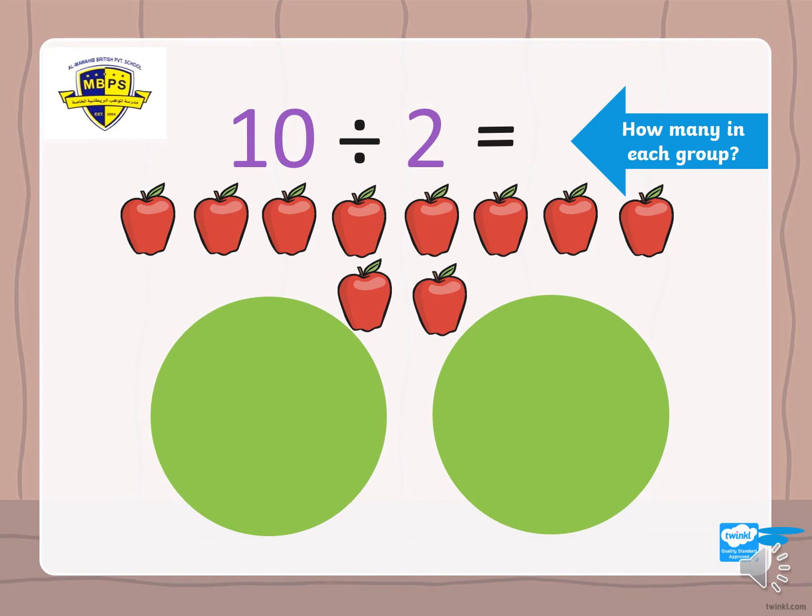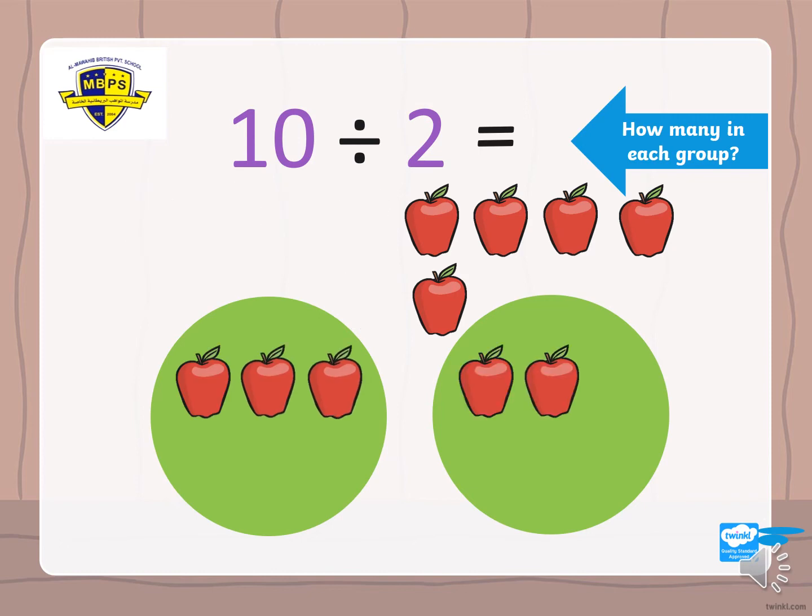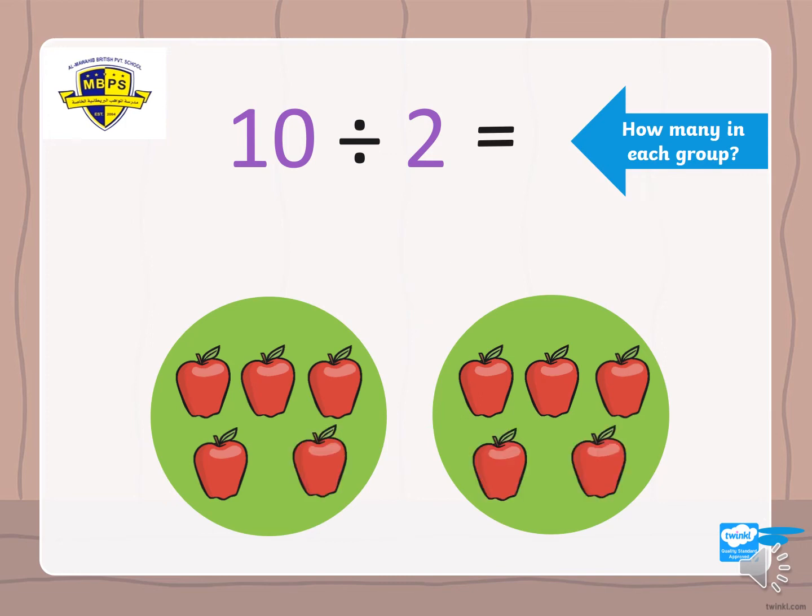Now I will start to share the 10 apples between 2. I will share giving 1 by 1. After I finish all the apples, I will check how many for each one. How many in each group now? Very good, 5. So 10 divided by 2 equal 5.